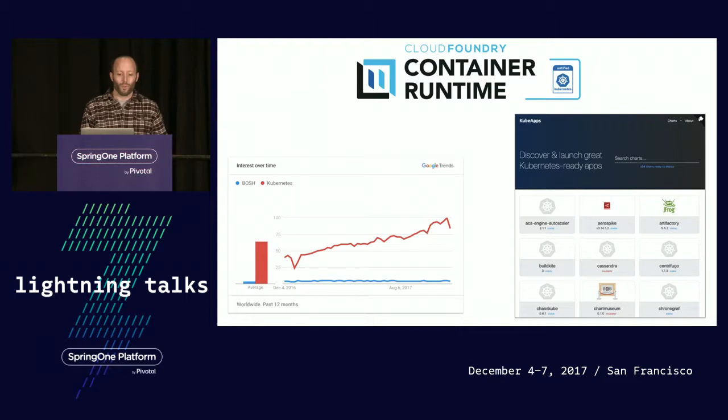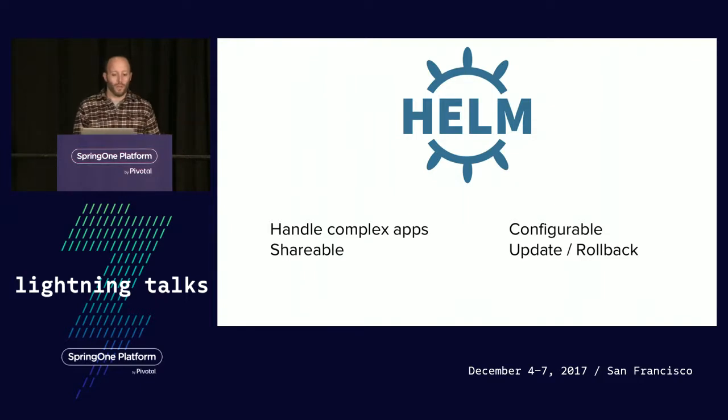Oftentimes, partners already have Kubernetes deployments ready. So we have been exploring using Helm charts to do these partner software deployments instead of a BOSH release. We think that will help our partners move a lot faster, lower some of the cost, and raise some of the reusability of getting their software deployed on Cloud Foundry.